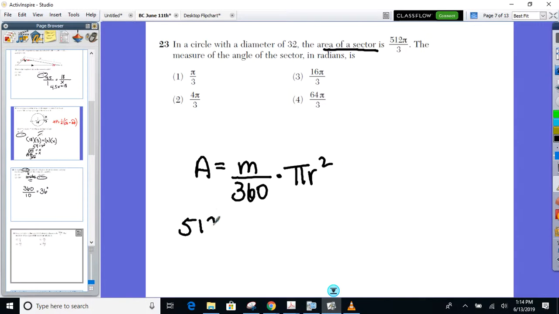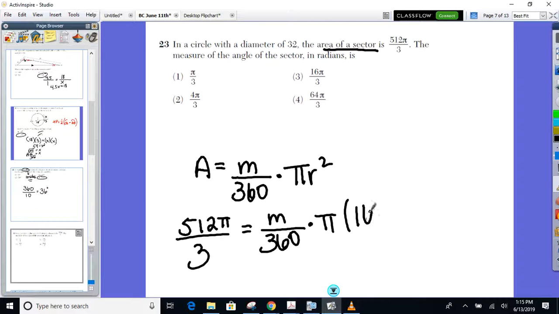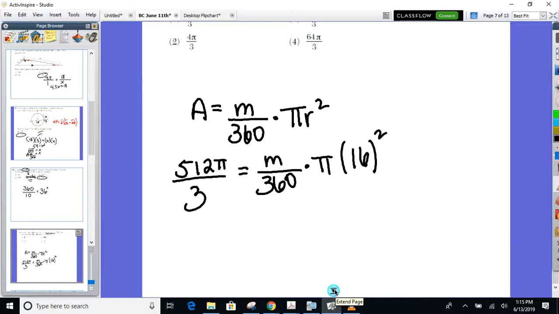512 pi over 3 equals m. That's what we're solving for here. Over 360 times pi. What's my radius here? Not 32. 16. They get you everywhere they can. They try to trip you up. Silly. Real quick, Grace, yeah, sure.